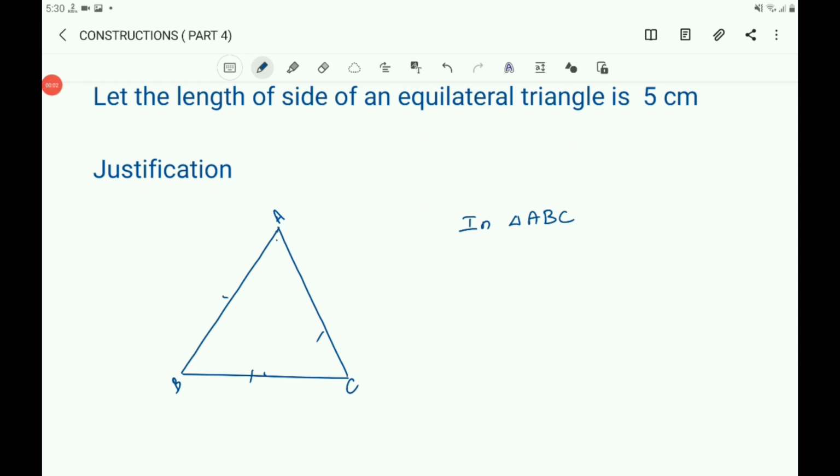Now let us give the justification. In triangle ABC, AB equals BC, that is by construction both are equal to 5 centimeter, and also AC equals BC, that is also by construction.